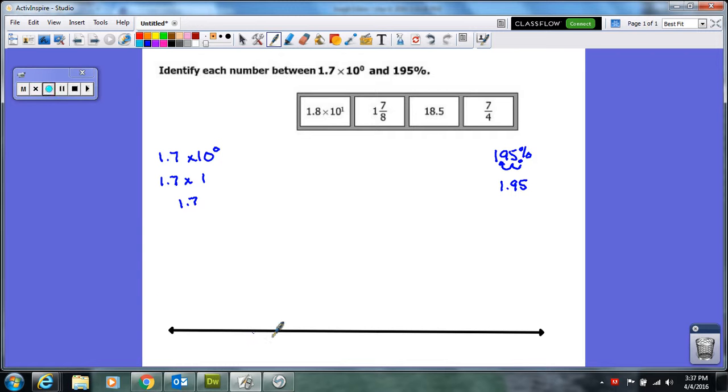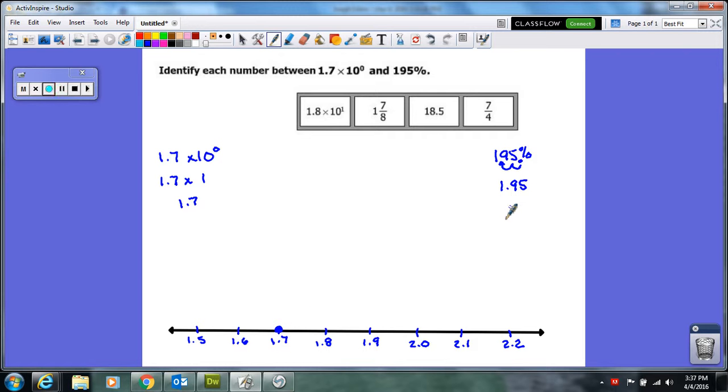So if I go ahead and graph some values down below, we'll put 1.5, 1.6, 1.7, 1.8, 1.9, 2.0, 2.1, and 2.2. If I were to graph 1.7 on this number line, it would sit right on the 1.7.